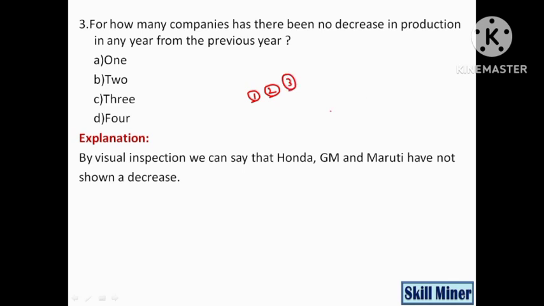So the hint is the bar graph should keep on increasing in consecutive years, or it should maintain the same value as the previous year. This kind of bar graph will satisfy our condition. This kind of bar graph will also satisfy the condition. It should not decrease from its previous year.